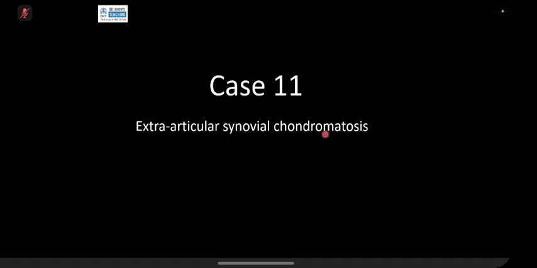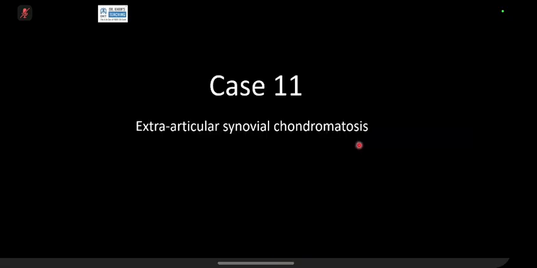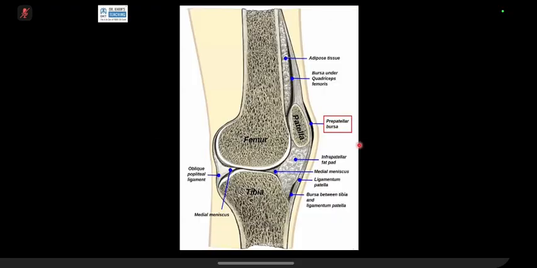So the first case was, as the candidate pointed out, the anatomy is that in front of the patella is the pre-patellar bursa. This case was extra-articular synovial chondromatosis. The key point to remember is that the synovium and the bursa are also lined by synovium.